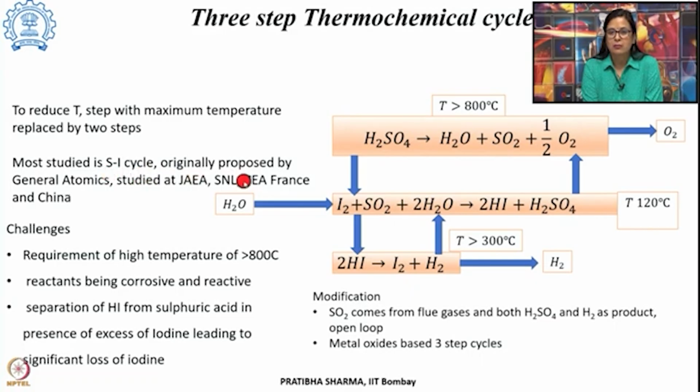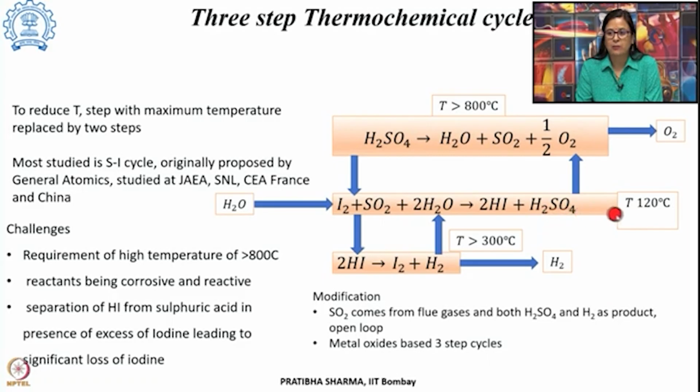This was proposed by General Atomics, but later it was studied by the Japan Atomic Energy Agency, Sandia National Lab, and the Center for Atomic Energy France and China. In the process, in the first step, sulfuric acid formation occurs from iodine, SO2 and H2O, forming hydrogen iodide and sulfuric acid.